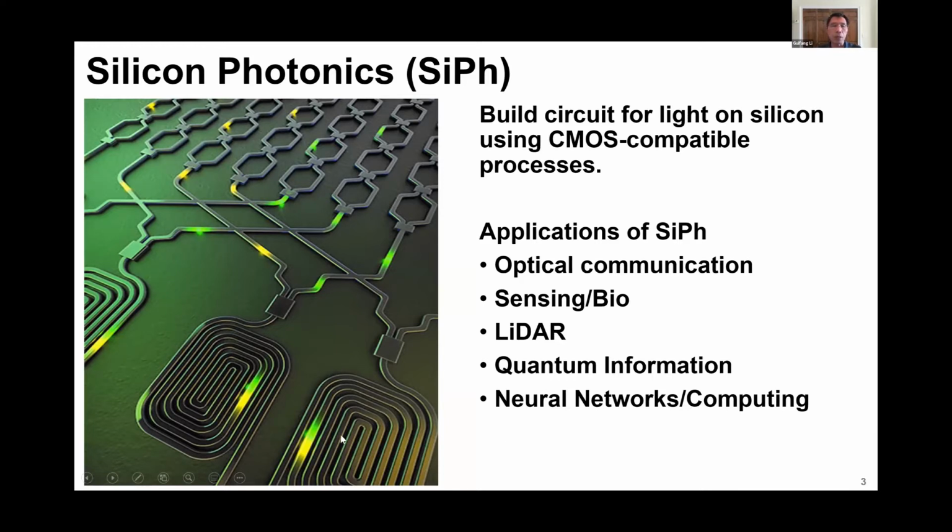The picture on the left is actually a circuit for quantum interference. You see the delay lines, splitters, and interferometers, etc. But by far the biggest application of silicon photonics is optical communication.